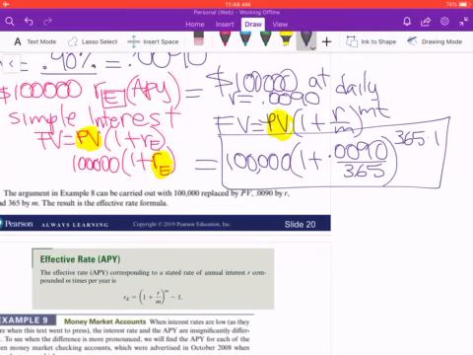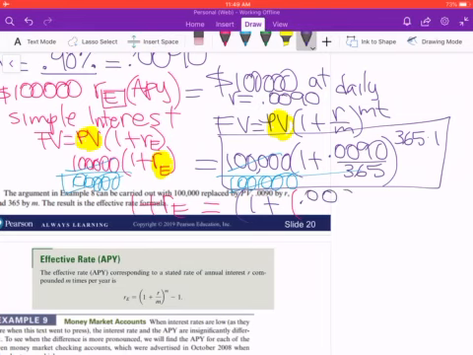So what we could do right away is divide by 100,000. If we do that to both sides, of course, it will be equal to 1, so we say it cancels. So now here on this right side, I have 1 plus r sub e equals all the stuff that I have here. So now I just have 1 plus, and when we enter this on the calculator, we'll need that double parentheses, 0.0090 divided by 365 for daily, to the power 365.